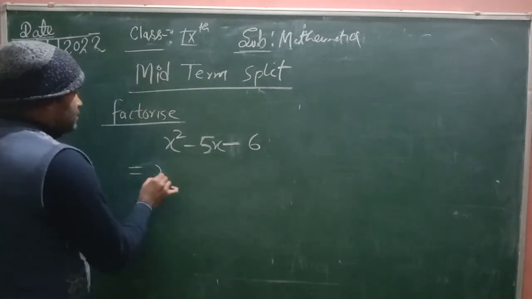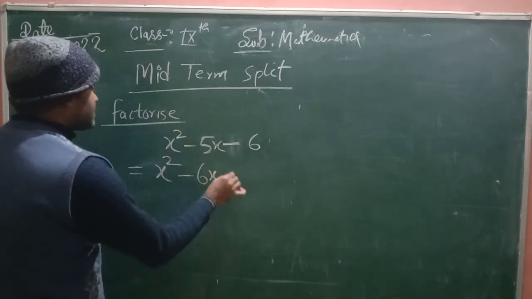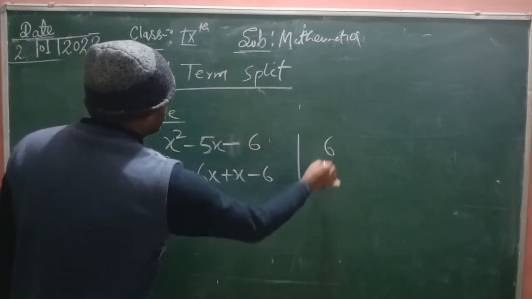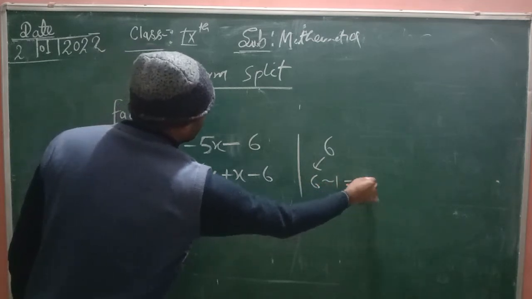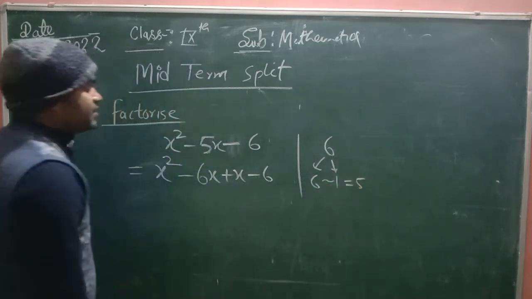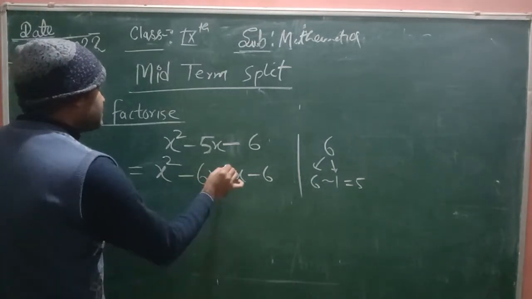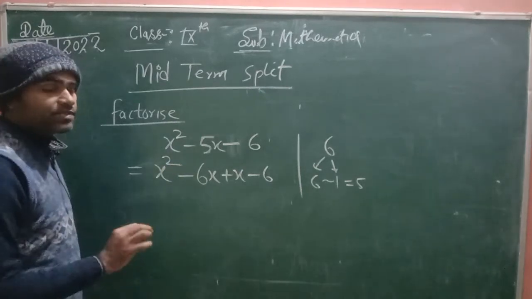X square minus 6x plus x minus 6. The factors of 6 are 6 and 1, their difference is 5. So we will use minus and plus sign for subtraction. Minus minus and plus plus for addition, and minus plus for subtraction.